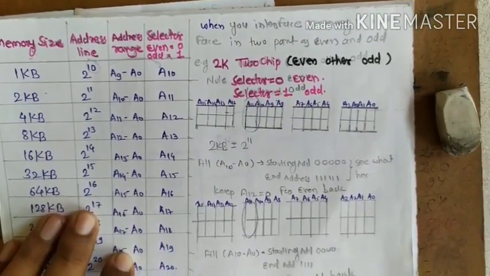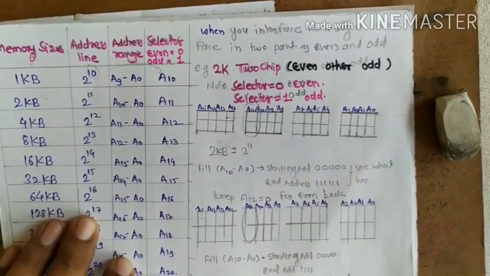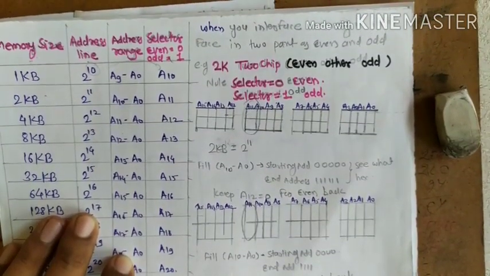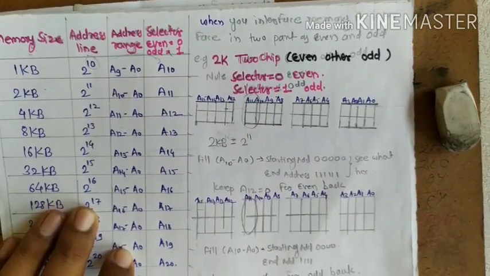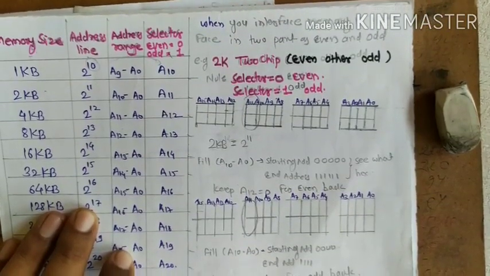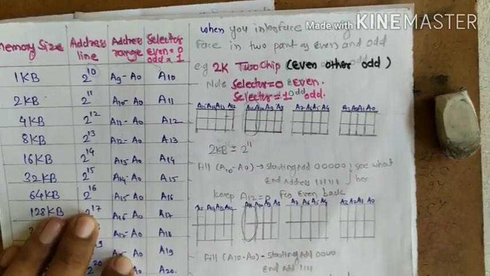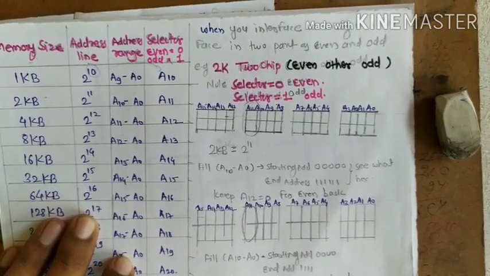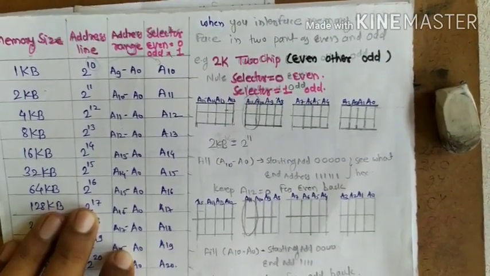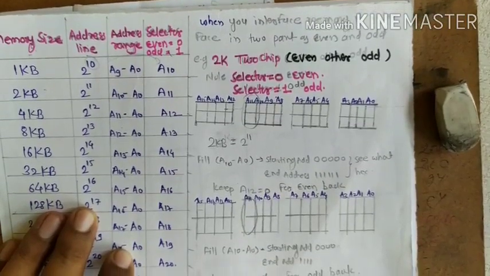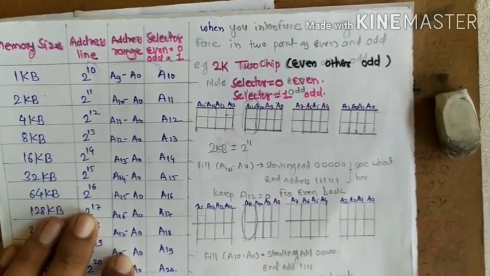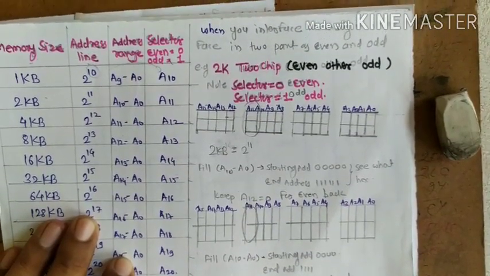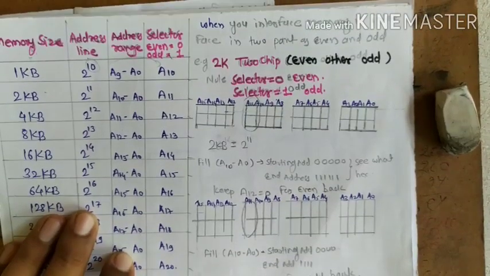One 2 KB memory is the even one and one 2 KB memory is the odd one. If you have to interface memory with 8051, you do not interface a single memory. You always interface 2 different memories, one as the even memory bank and one as the odd memory bank.